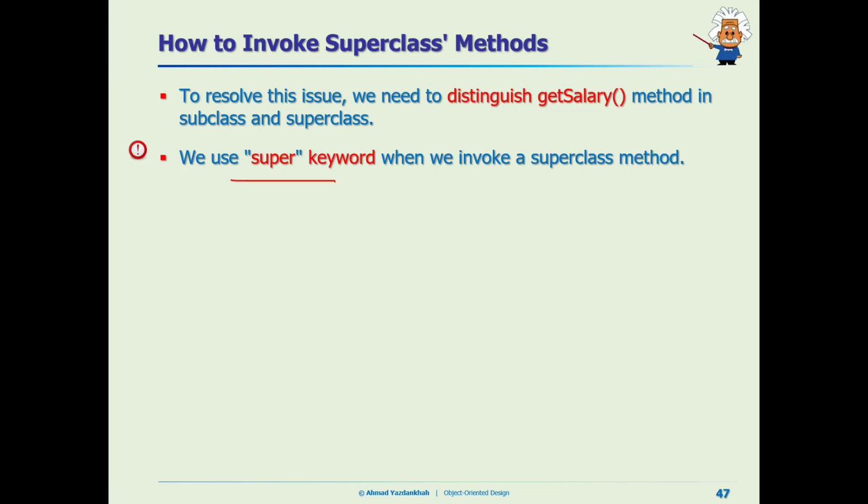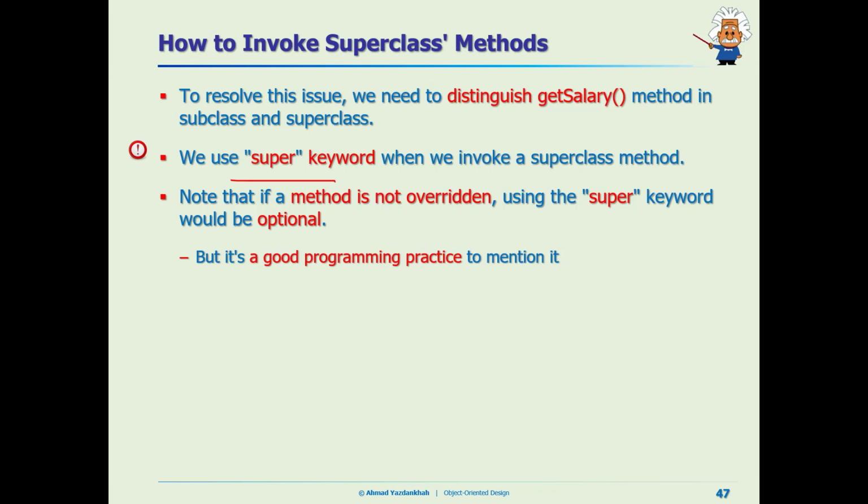For example, let's say get name, we don't have get name in manager. So if you want to use get name in the manager class, should we use the super? Yeah, that would be optional, but it's a good practice. If you are calling something from the superclass, try to always mention this super. So super dot and then the name of that member, whatever it is.